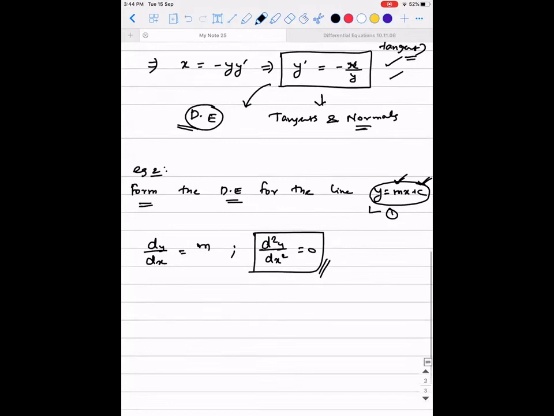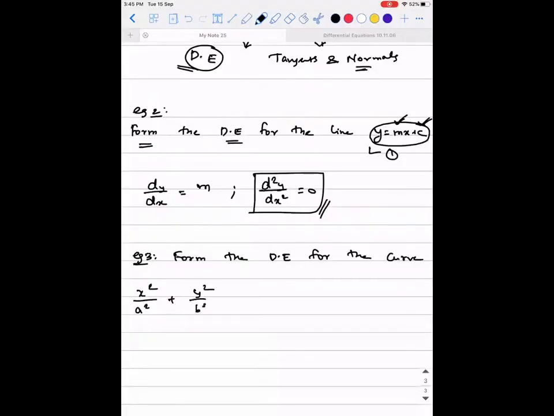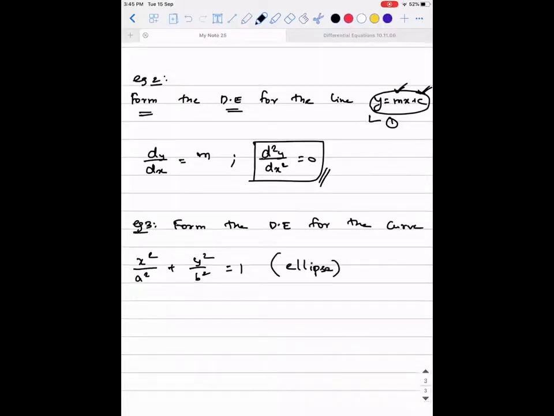Okay. Similarly, let's take example number 3. Form the differential equation for the curve x squared by a square plus y squared by b square is equal to 1. So what is this? The ellipse, right? So how many arbitrary constants?